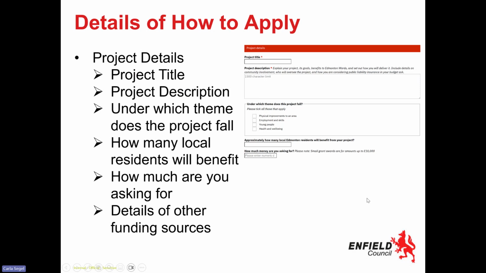I appreciate this is a difficult one, but a rough estimate, a number of the residents that you expect will benefit from the work that you are proposing. How much are you asking for? And details of any other funding sources. As I mentioned previously, please make sure you answer that and explain how much you've received and from where.